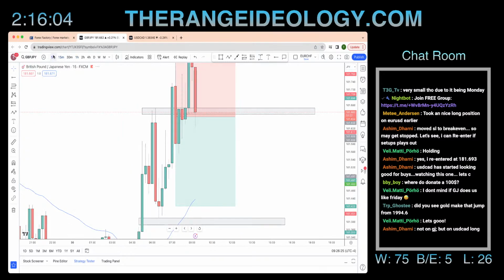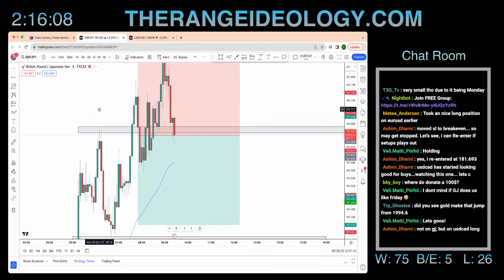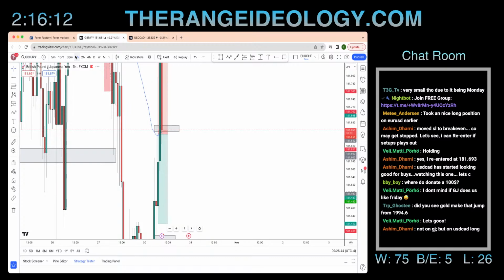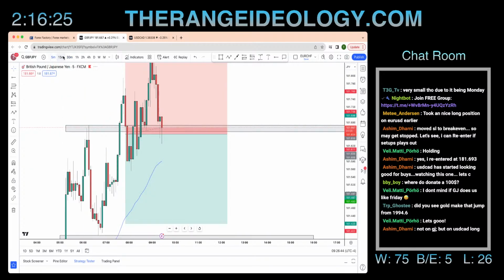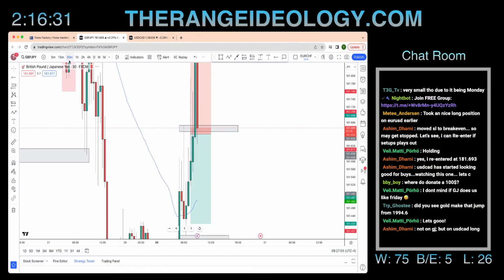Rejecting the 1 hour EMA there as well. 30-minute candle close is pretty significant, though. Can we get a push down here? Can we get a strong push to close out the 30-minute candle strong?